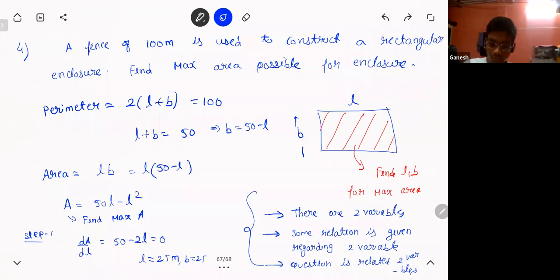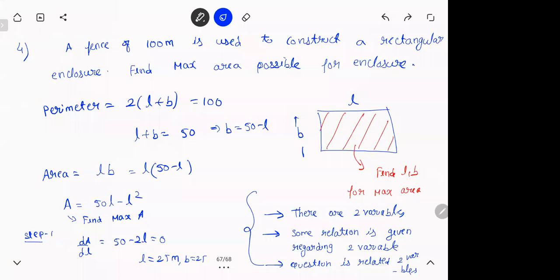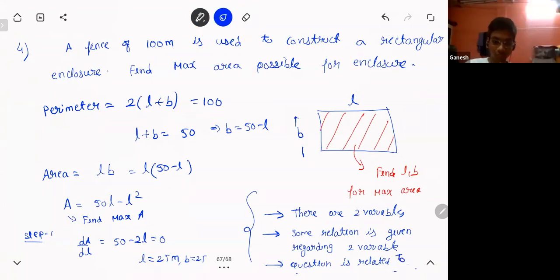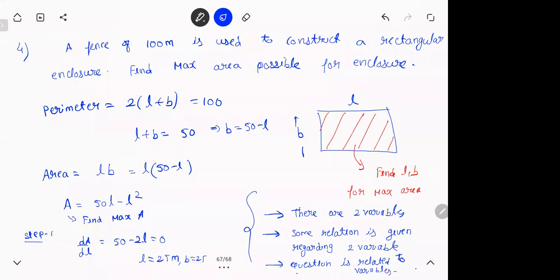So what is the third point written over here? Question is related to 2 variables. I know I scribbled it there. I couldn't write here. Question is related to the variables. Meaning the 2 variables you defined, the question will be defined on the same 2 variables.